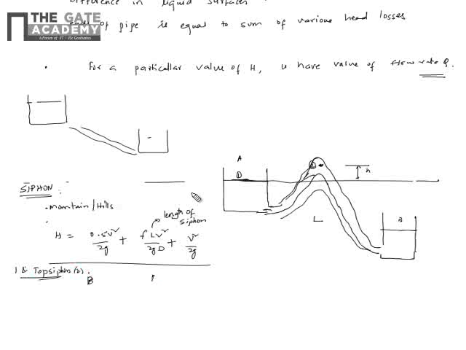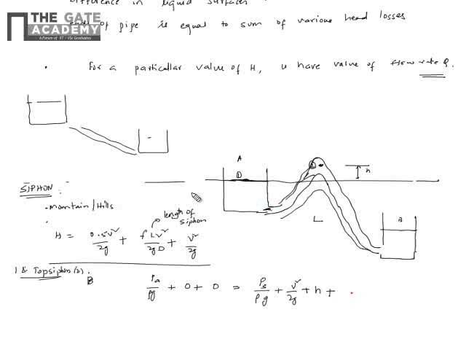At 1 the pressure is PA by rho g, and the velocity is 0 because of the larger diameter, and if I take the reference level here, the height is 0. At 2, the pressure is PS, since it's in the pipe I can't put atmospheric. The velocity term is v square by 2g, the height is h, plus the head loss from 1 to 2.